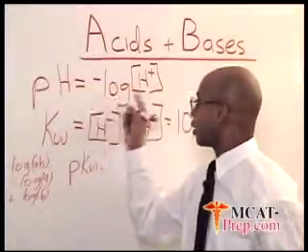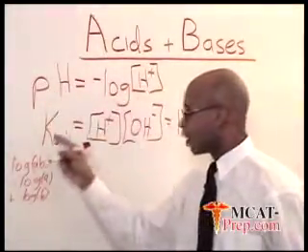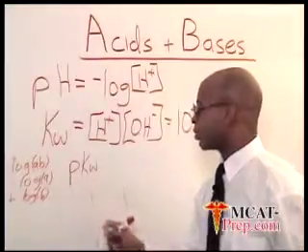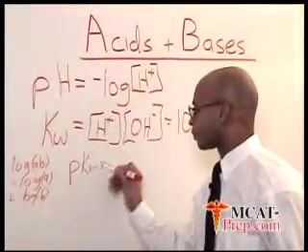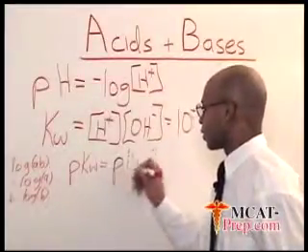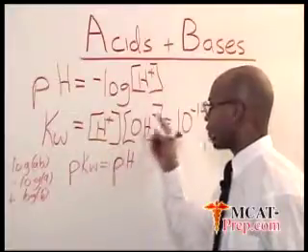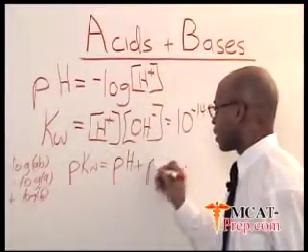Just like the negative log of hydrogen ion concentration is pH, negative log of Kw is pKw. So that's equal to the negative log of hydrogen, which is just pH, plus negative log of OH minus, and that is pOH.